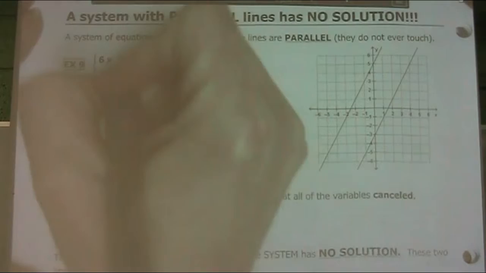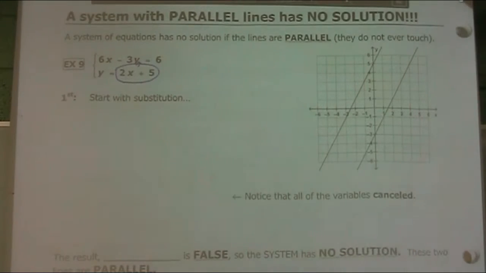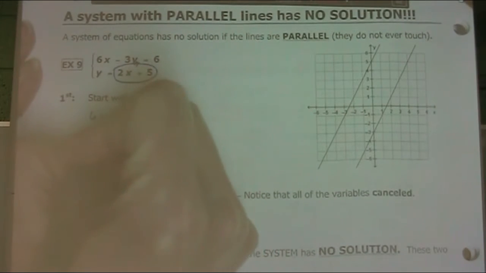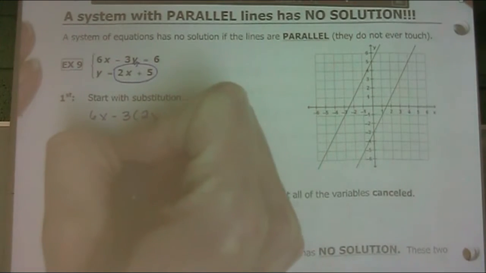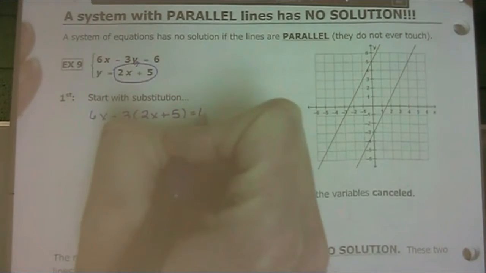So I'm going to put 2x plus 5 in place of y in the second equation. So I've got 6x minus 3 times (2x plus 5) equals 6.